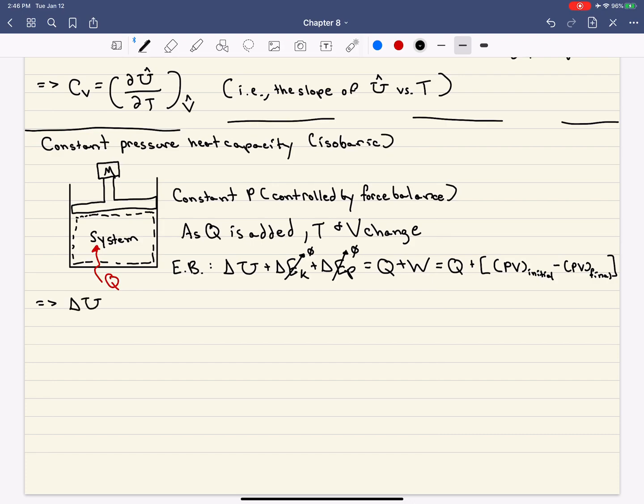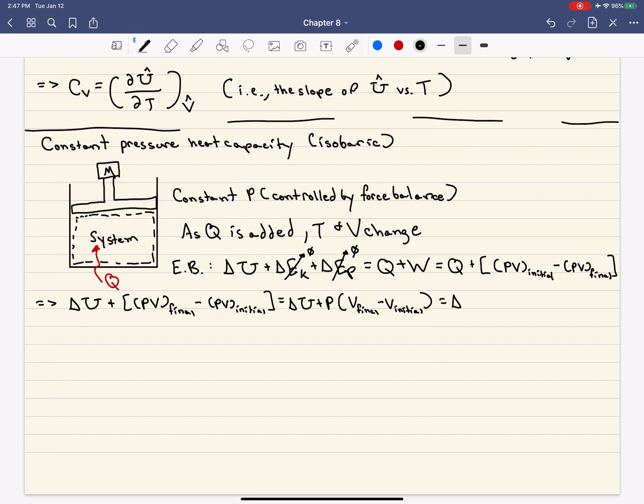So that now what I have is PV final minus PV initial, and because the pressure is constant, right, we're in a constant pressure system, I'm going to pull that out, plus P, and so what I'm left with is V final minus V initial, and the shorthand for that is a delta, right?